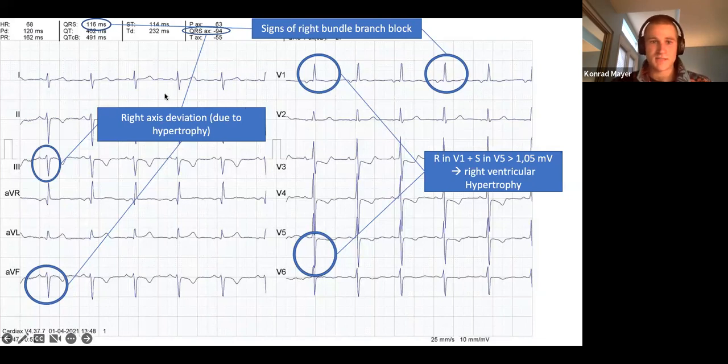So moving on to the next. I said right axis deviation, and then we look at the QRS complex. There are two things that we can look at in the QRS complex. First of all, its duration, and its duration is lengthened. Again, you can't see the numbers here, but another approach is to see if we have pointy peaks. Is our R wave peaky and is our S wave peaky?